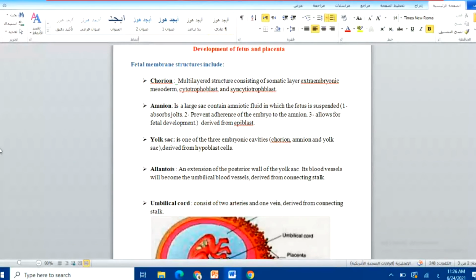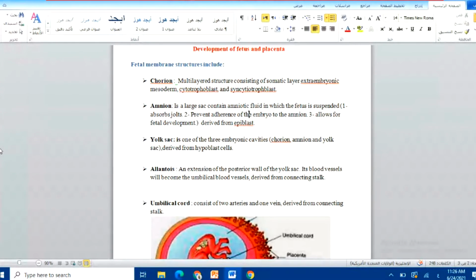And the amnion has an important function, which is absorbing shocks from outside and preventing the adherence of the embryo to the amnion. It means the cells surrounding the embryo, or let's say the fetus, directly.